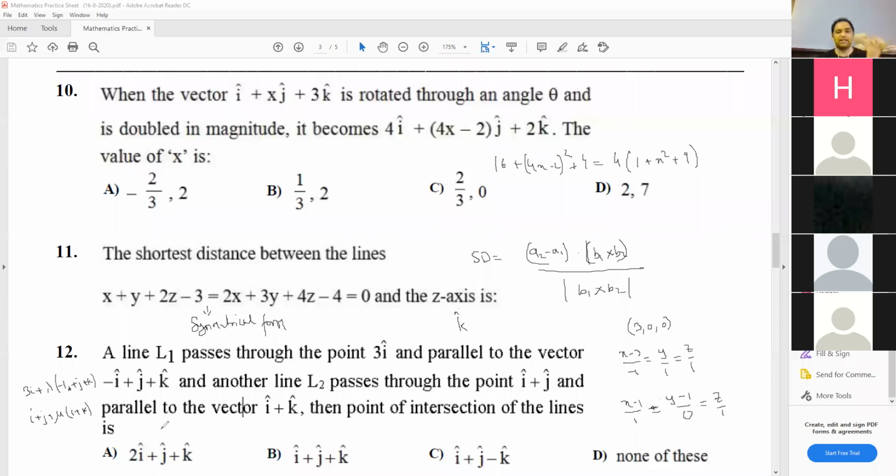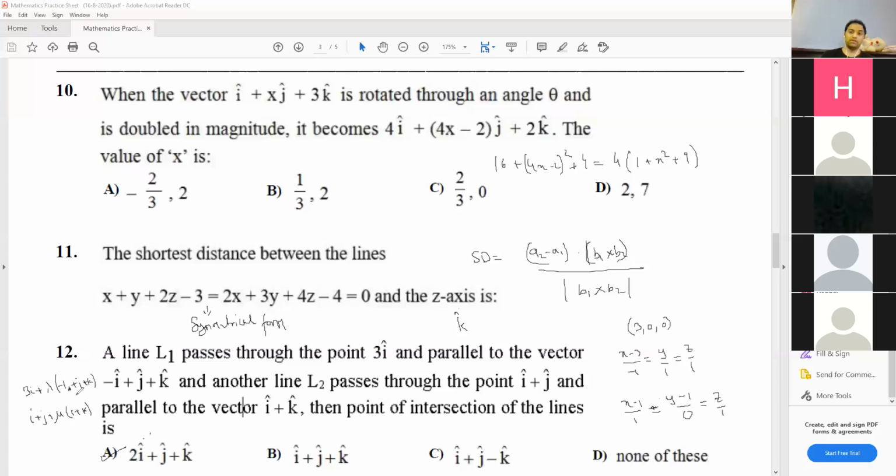Now how will you do hit and trial? We want the values to be either this or this or this, among A, B, C. So what value of lambda can generate A? 1. And is there any value of mu that can generate A? 1. So if lambda is 1, mu is 1, this point A becomes common between them. And if it's a point common between them, it becomes a point of intersection.